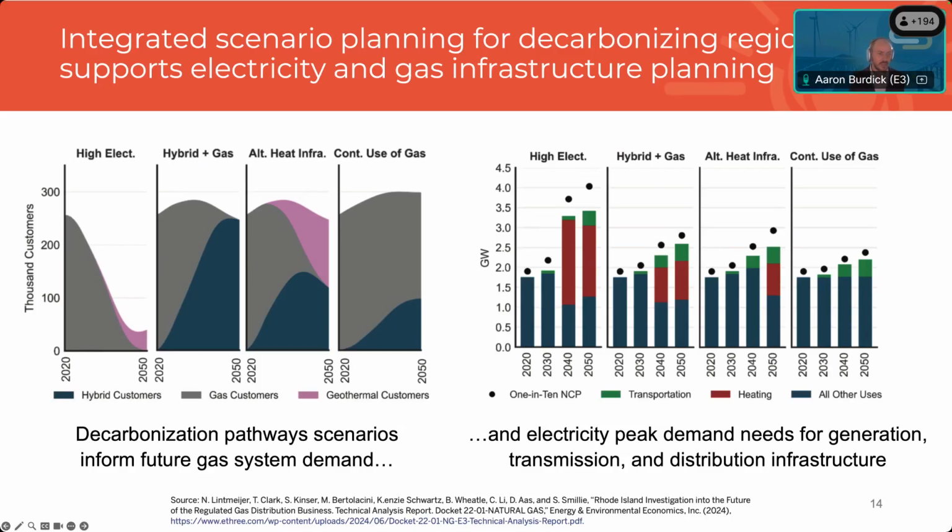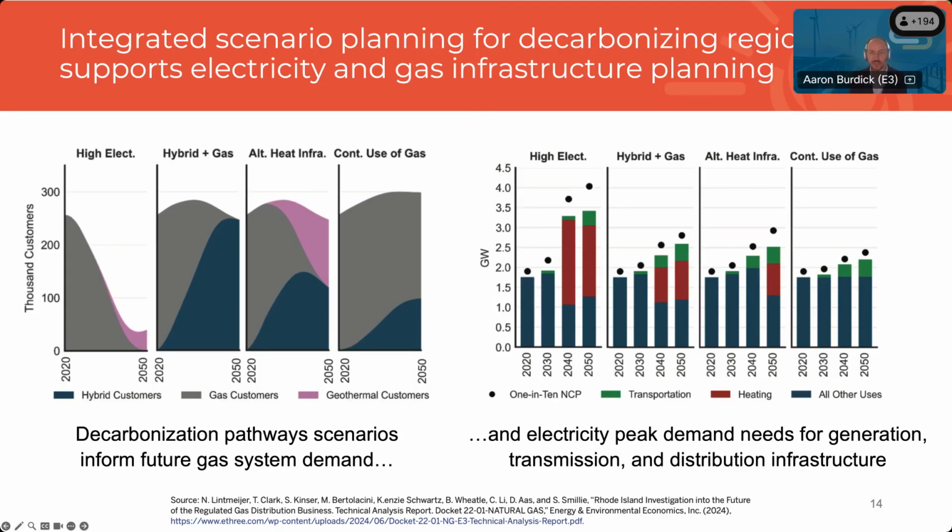So you have some scenarios where you have very few gas customers left by 2050, other scenarios where you have almost the same amount of gas customers as today, but they may be using hybrid heat pumps and the gas system more as a backup to the electric power system.